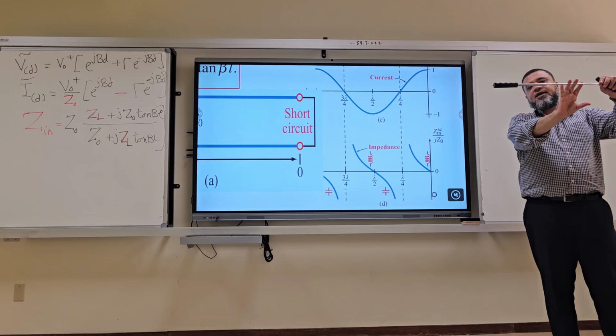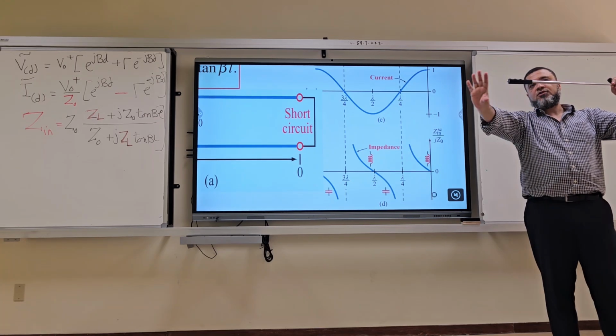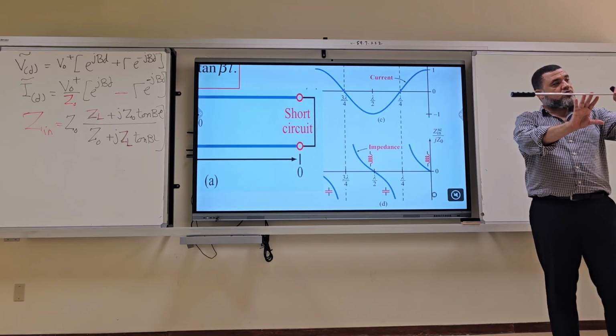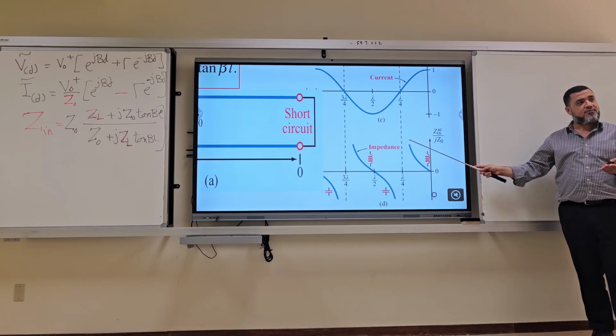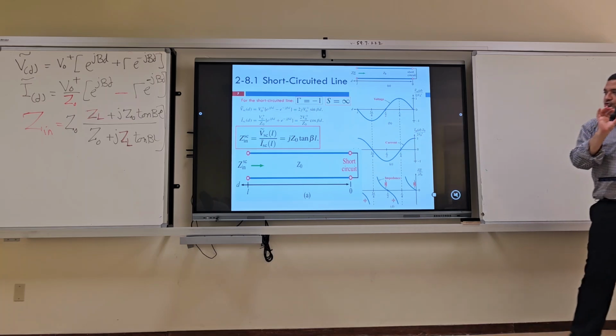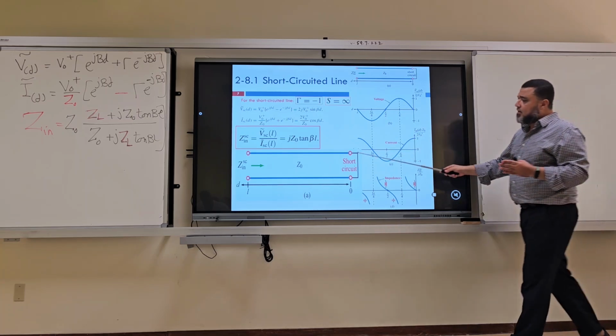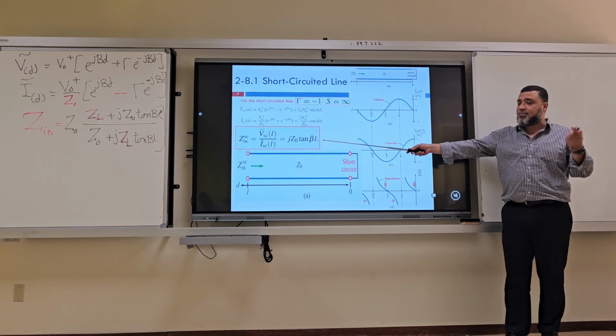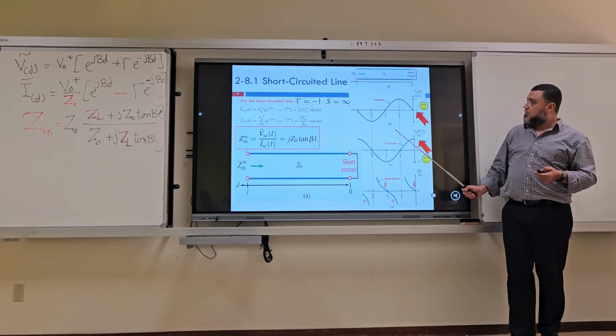Based on the location on the line, you will have either an inductive load as the input impedance, a capacitive load, or an open circuit, because the impedance will go to infinity. So by a good choice of the size of the transmission line, you can have different behavior of the impedance: inductance, capacitance, or open circuit.